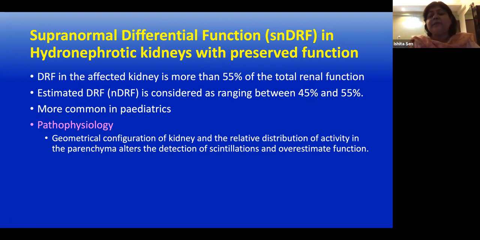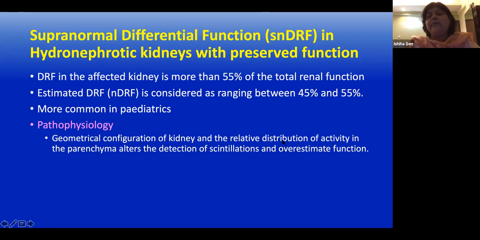But this causes a lot of concern amongst the parents who feel that earlier it was 55%, doctor, you did the operation and it comes down to 45%. So they feel that there's something wrong. So it's important to understand this fact that it's simply a fallacy of the system, whereby the geometrical configuration of the kidney actually causes a falsely high differential renal function, and it alters the detection of the scintillations, and it overestimates function.